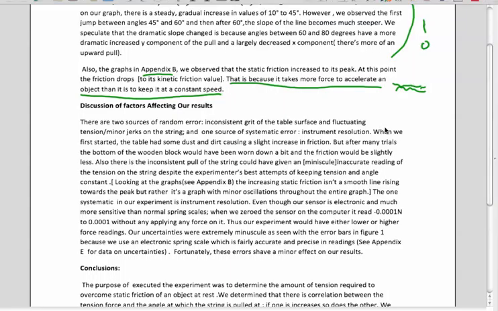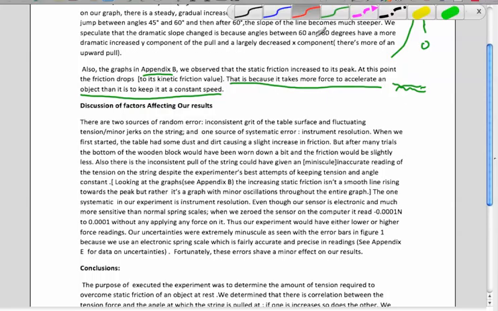All right, so in the factors affecting results section, clearly the coefficient of friction is the major culprit here. Your discussion about dust on the table and all is plausible, but as you say, it's probably pretty minuscule. Well, actually, that's referring to the inconsistent pull of the string.